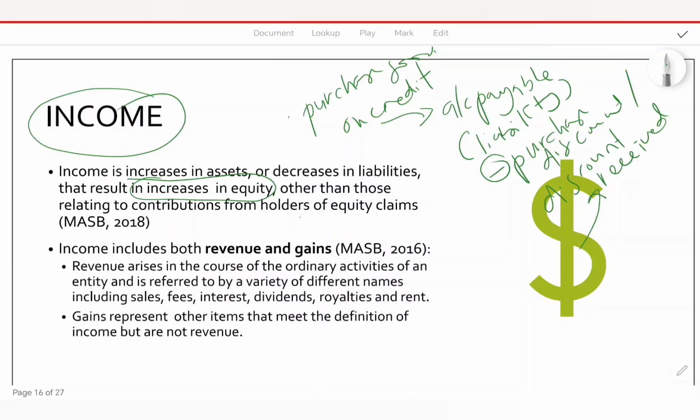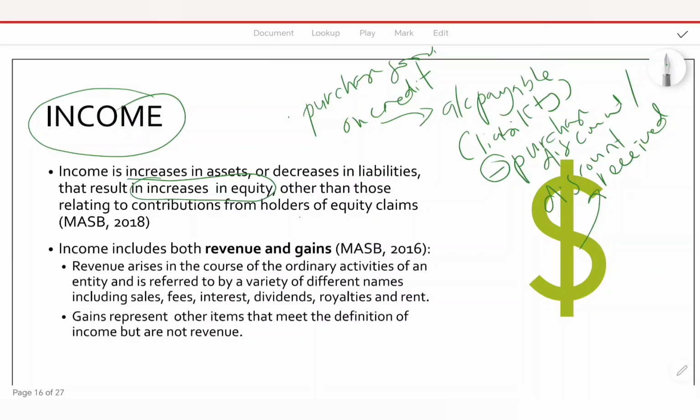Revenue arises in the course of the ordinary activities of an entity and is referred to by a variety of different names, including sales, fees, interest, dividends, royalties, and rent income, while the gain represents other items that meet the definition of income but are not revenue, meaning that gains are not sales, fees, interest, dividends, royalties, and rent. But it is another item that meets the definition of income.